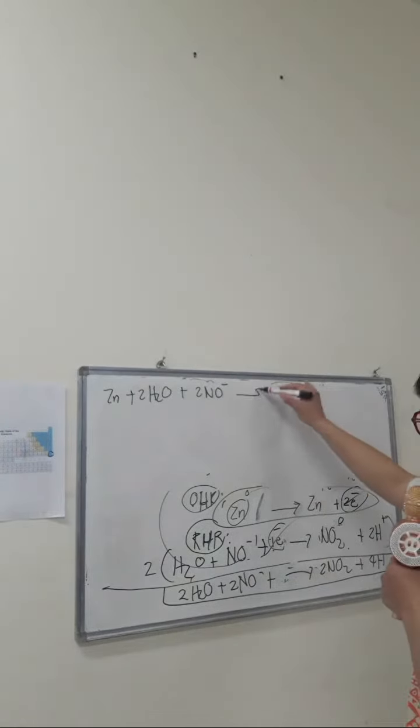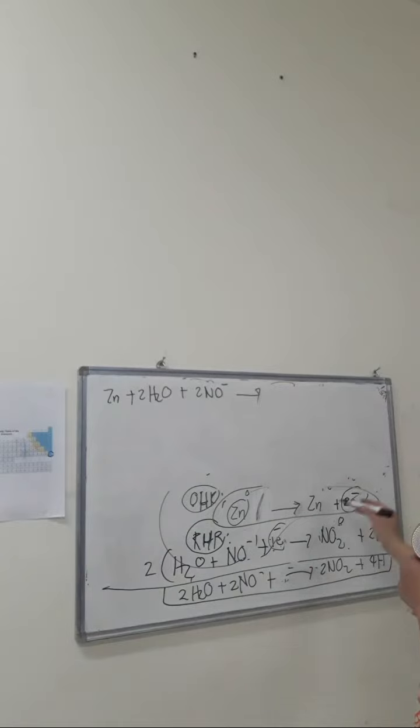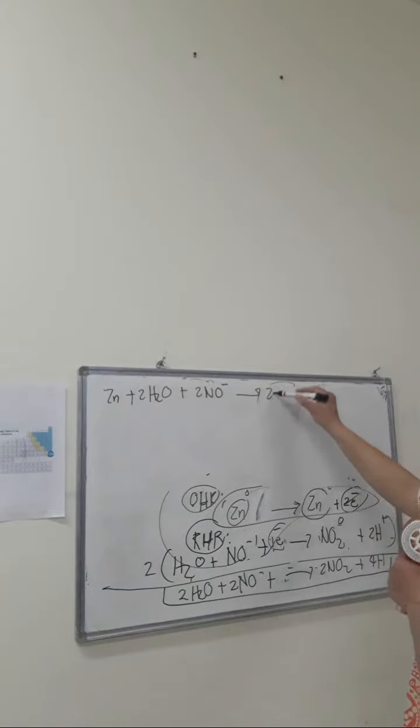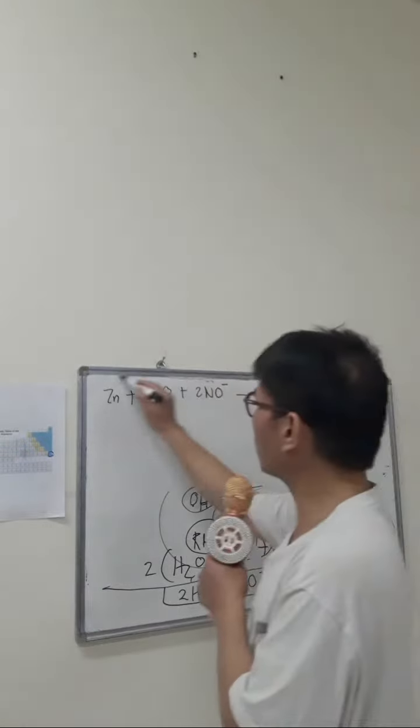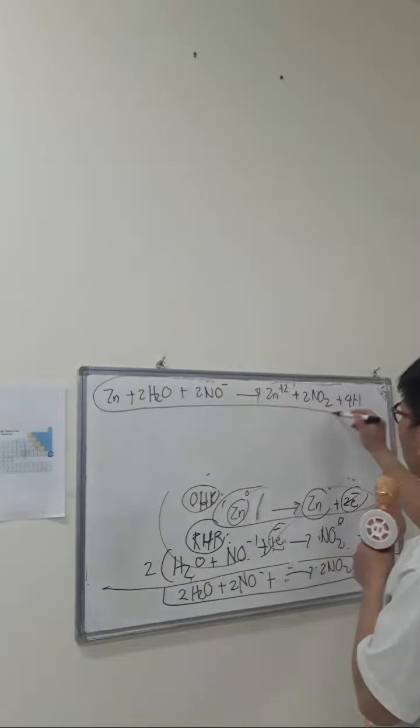Then on the product side, we have zinc positive 2, plus 2 moles of nitrite, and then plus 4H. This will be our final equation, redox in basic solution.